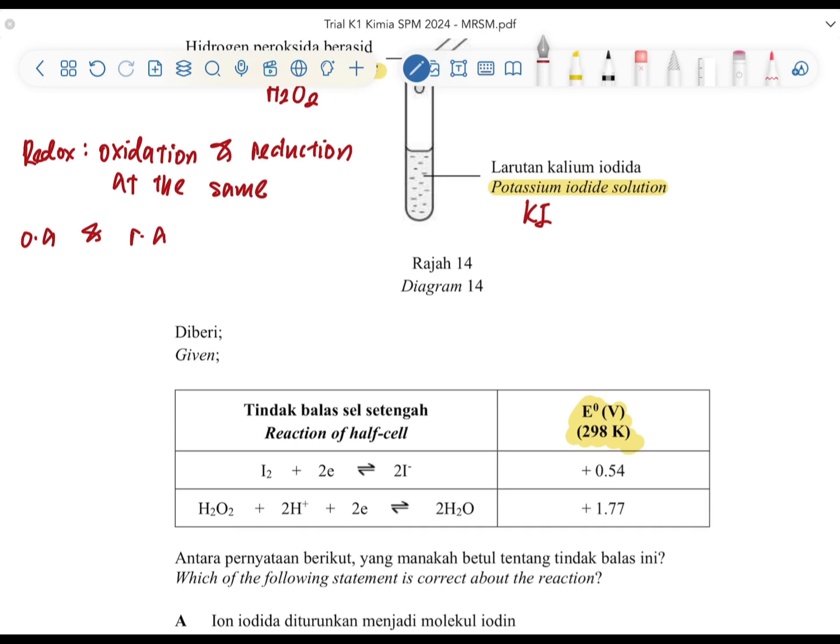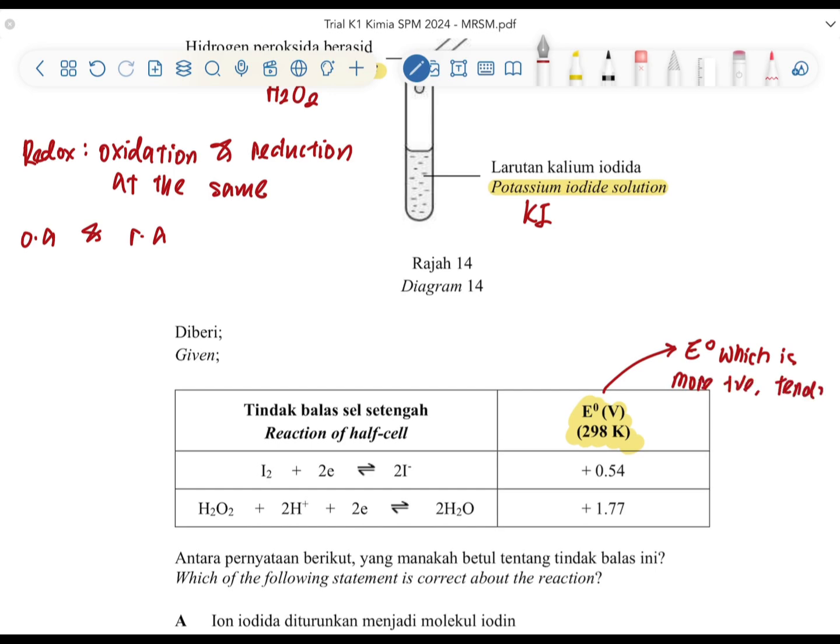There is very important information provided by the E0 value, where it tells us which substance will be the oxidizing agent and which will be the reducing agent. In this E0 value, this is also one of the methods that I always like to remember, which is the E0 value which is more positive.